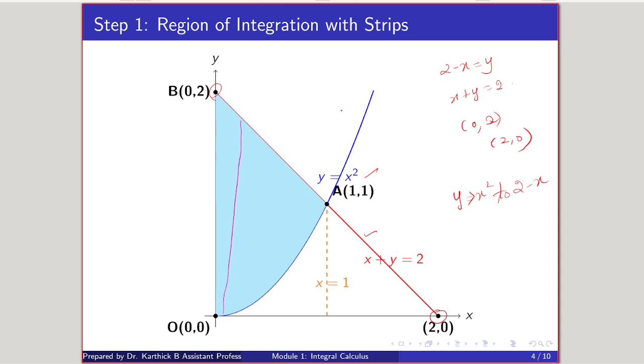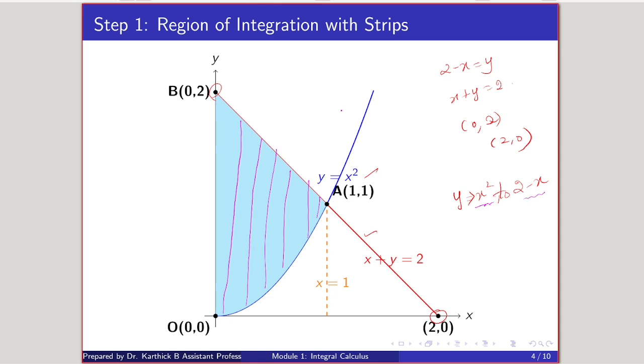So y varies within this region, because it starts with the parabola and it gets below the line, up to 2 minus x. So this is the region for y.